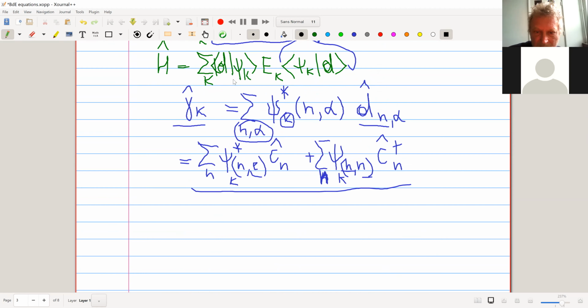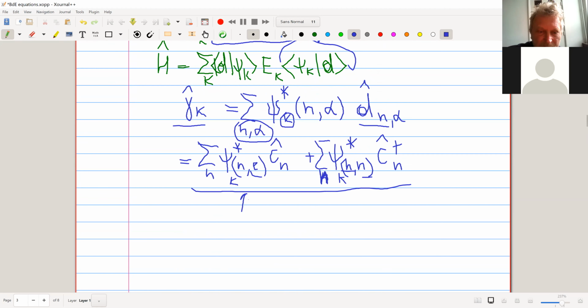Let us see, I have forgotten delta here. So we need to substitute here the opposite eigenvector.